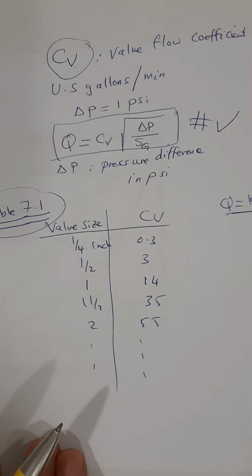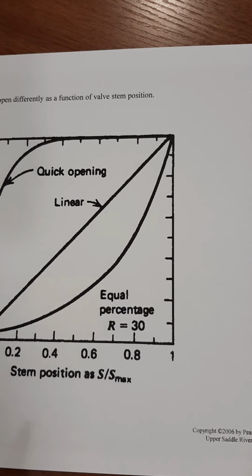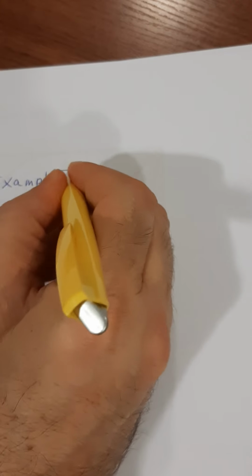Let's take an example, which is example 7.9. Find the proper CV value for a valve that must pump 150 gallons of ethyl alcohol per minute.